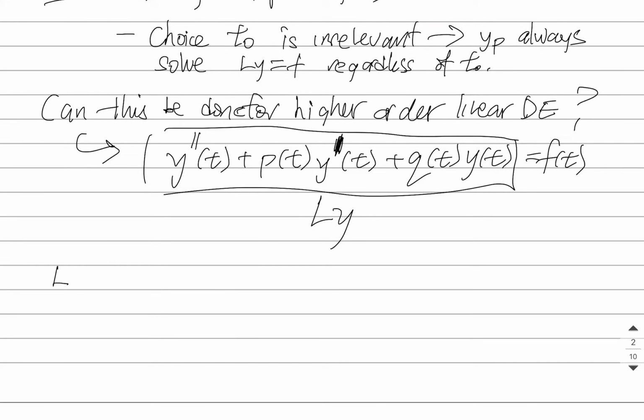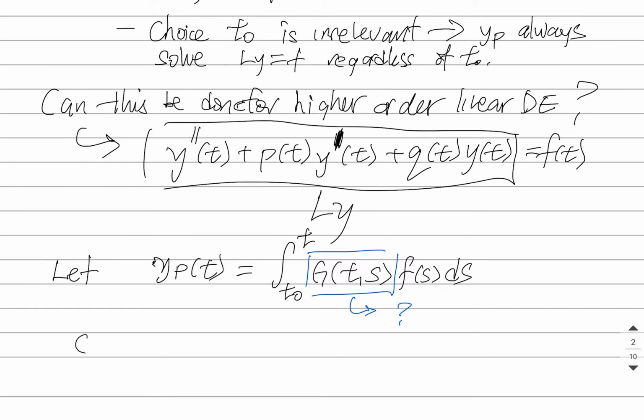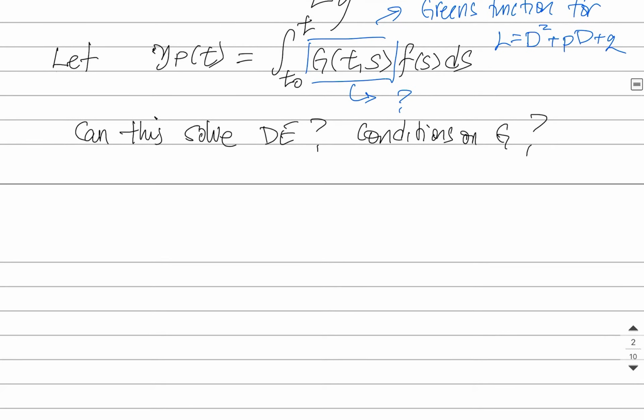I want to let the particular solution be defined according to this antiderivative, this function here. And I would like to build it exactly the same way. Can this solve the DE? What conditions do I need? Now, what we need is a technical result.